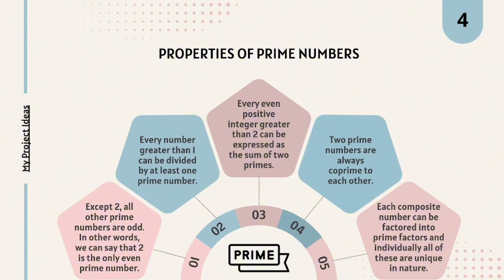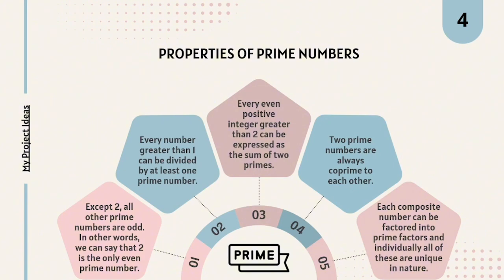What are the properties of prime numbers, guys? We have already discussed that except 2, all the other prime numbers are odd. Every number greater than 1 can be divided by at least one prime number. Every even positive integer greater than 2 can be expressed as the sum of two primes. Important: two prime numbers are always co-prime to each other. What is co-prime?